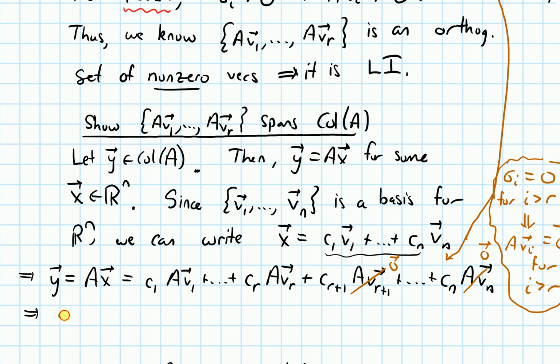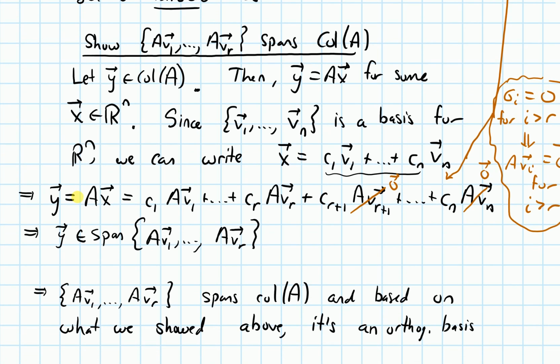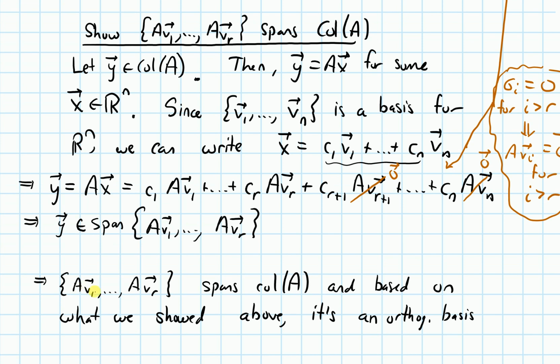In other words, Y is in the span of AV1 up until AVr. Okay, and because Y was arbitrary, that means anything in the column space is in the span of these vectors. Or stating that another way, we've just shown that AV1 up to AVr spans the column space of A.